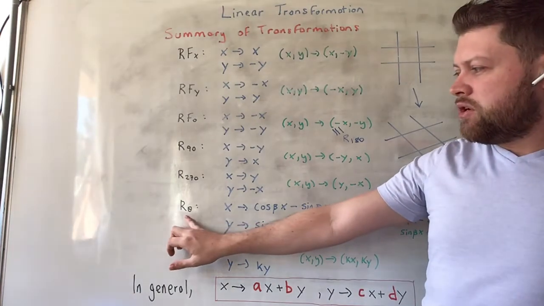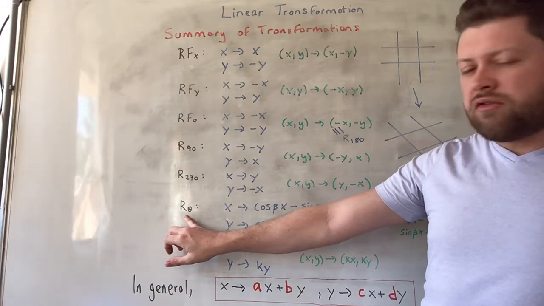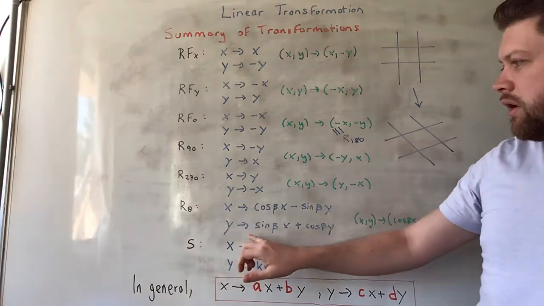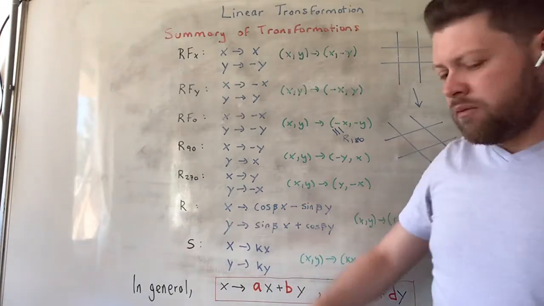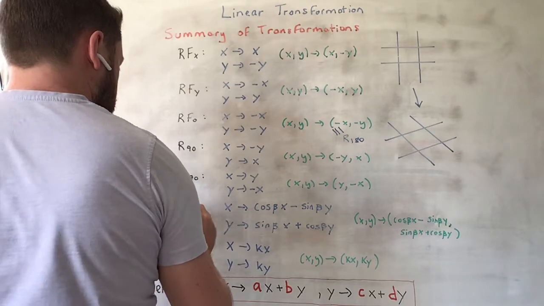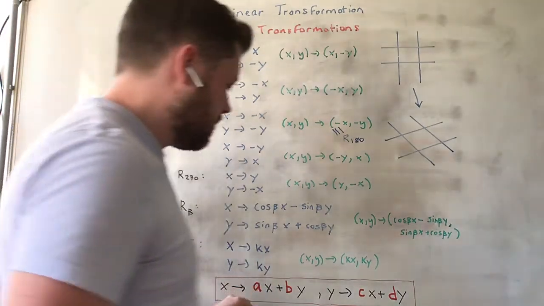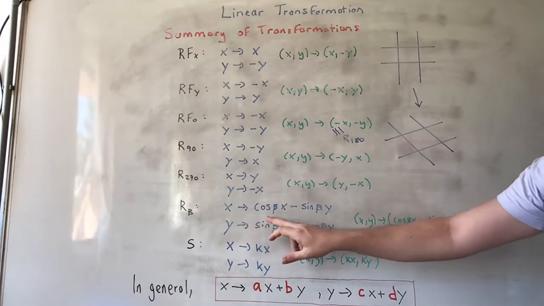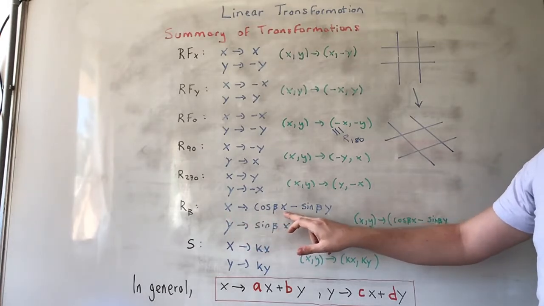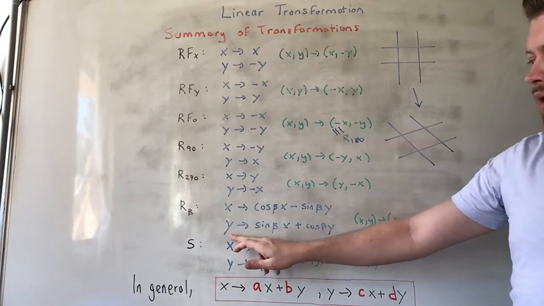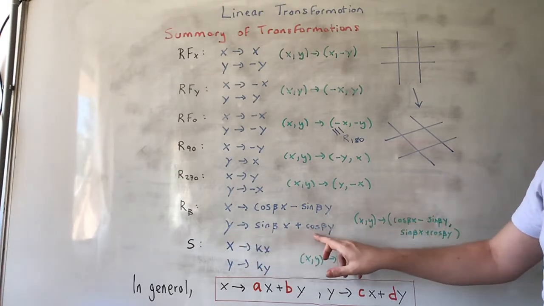The rotation transformation through an arbitrary angle, or I should say an arbitrary angle beta, was the original notation. It takes x to cosine beta x minus sine beta y, and it takes y to sine beta x plus cosine beta y.